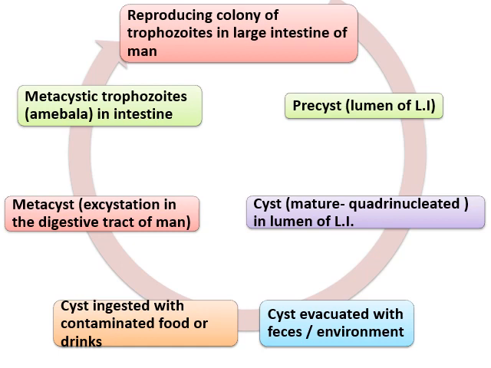Then, under harsh conditions, they develop into cysts in the lumen of the large intestine. The cysts are passed with the stool and evacuated to the environment, and will be ingested by the second host.